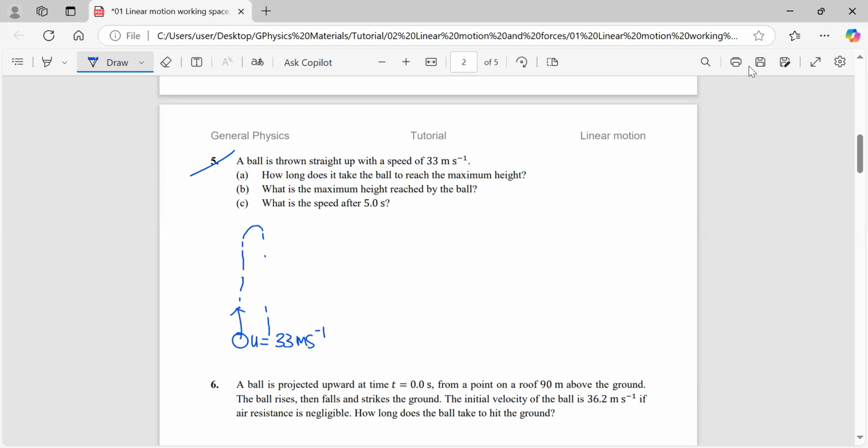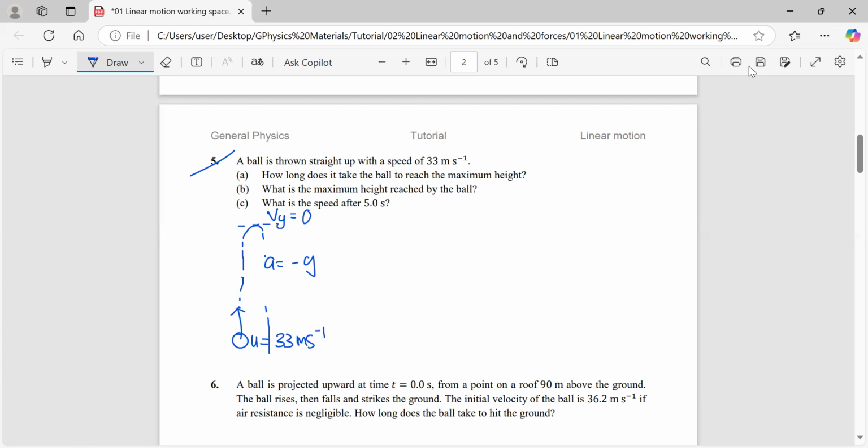So what is the formula? Before that, we need to understand that when the object reaches the maximum height, the final vertical speed will be equivalent to 0. Throughout the motion, acceleration is taken as negative g. So how long will the ball take to reach the maximum height?